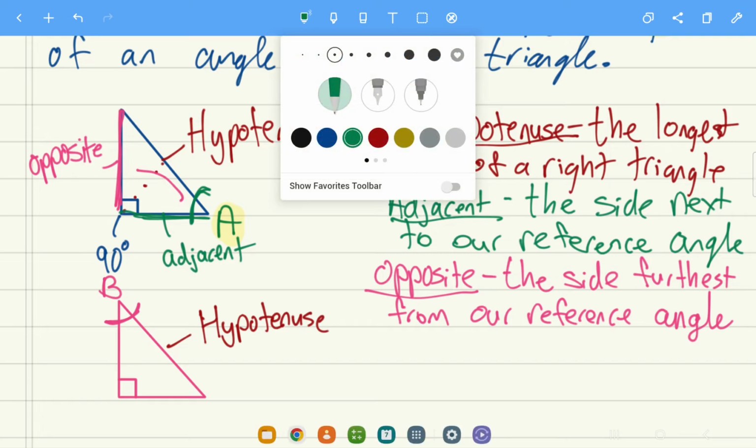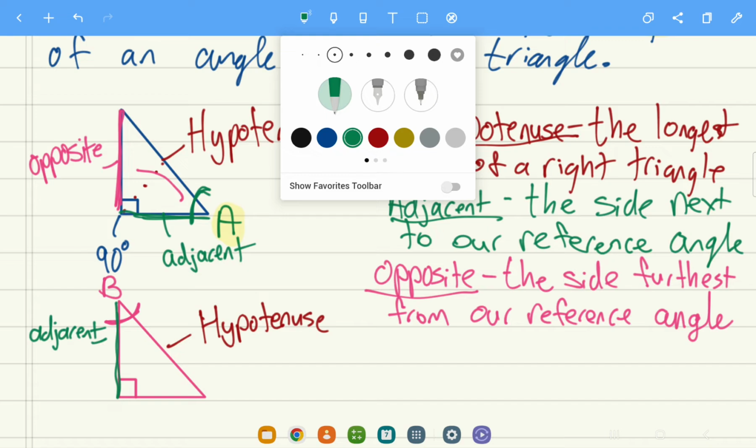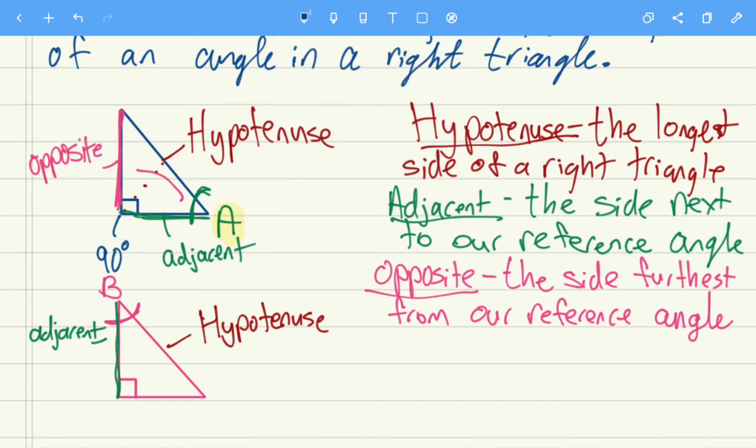But the adjacent and opposite will switch places because adjacent is next to our angle and opposite is across from our angle. So be careful not to mix those up. I know a lot of students get held up on using this angle to pick the opposite and adjacent, but it really depends on which one you're referring from.